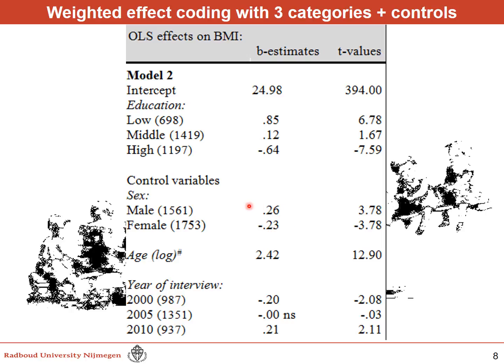And when you take a look at the male-female ratio in the population, it's about equal. So the difference between effect coding and weighted effect coding will be rather small. And the same goes for the number of observations in your sample. But if we take a look at the differences between the educational categories, it really makes a difference. So weighted effect coding is especially efficient if the number of observations per category is different.